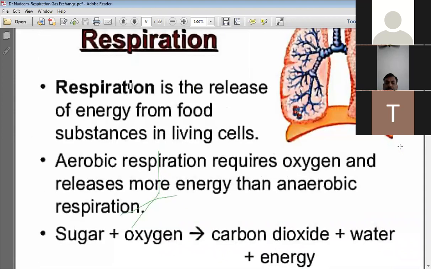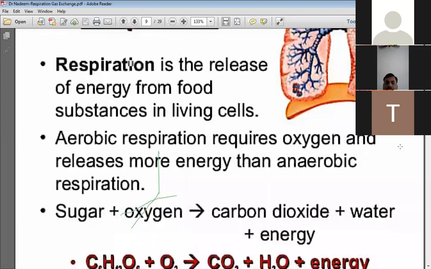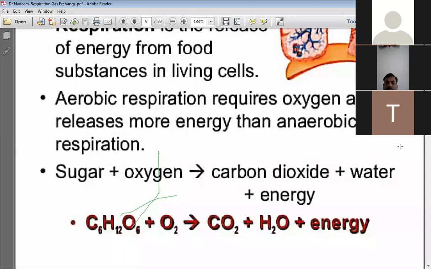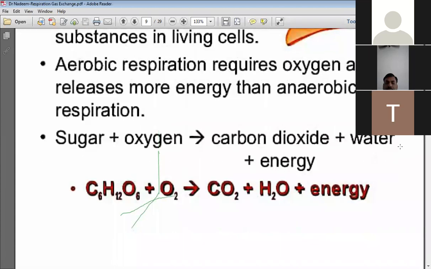I told you about the respiration process, the release of energy from food we are taking through our diet by the living cells. Aerobic respiration, as the name clearly indicates, requires oxygen. It releases more energy than anaerobic respiration.